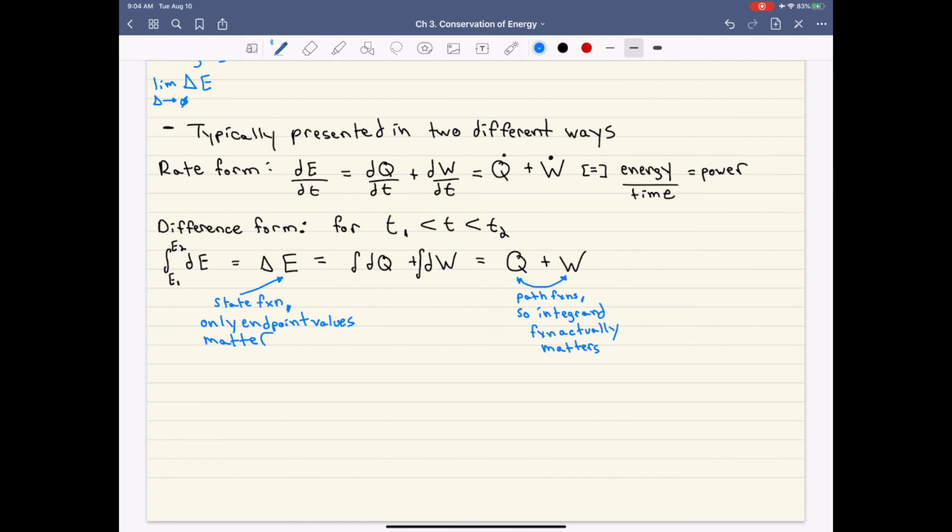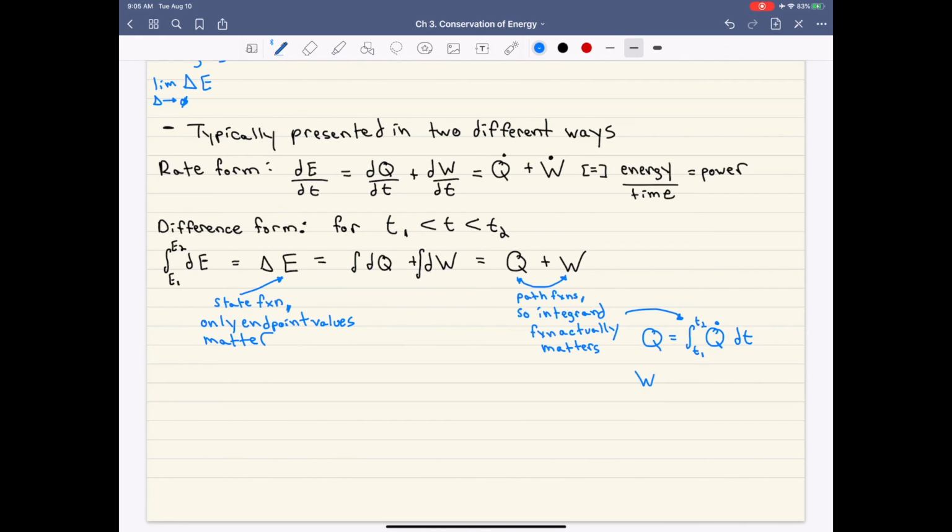And so the way to think of it is like this: when we're dealing with Q or W, what we're really saying is that Q is going to be equal to the integral of Q dot with respect to time from some initial time t1 to some later time t2.